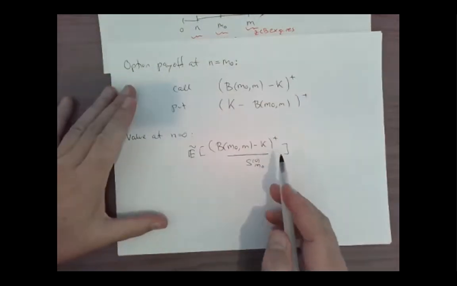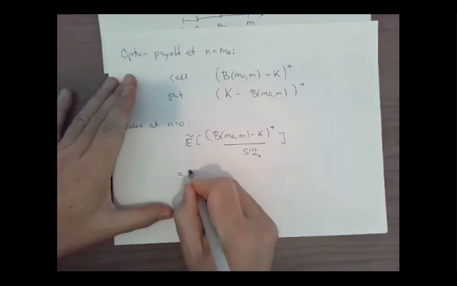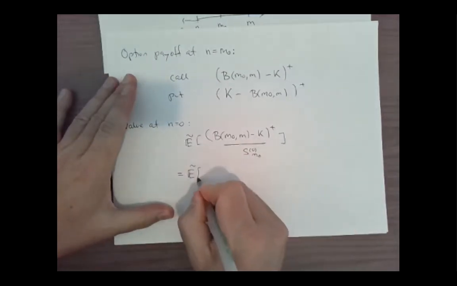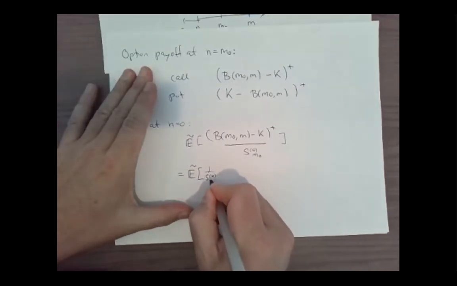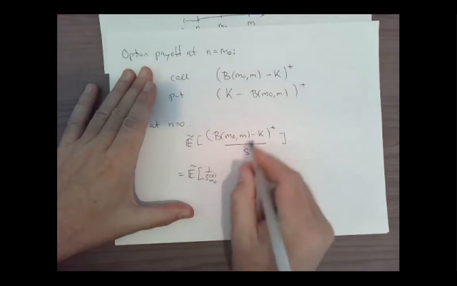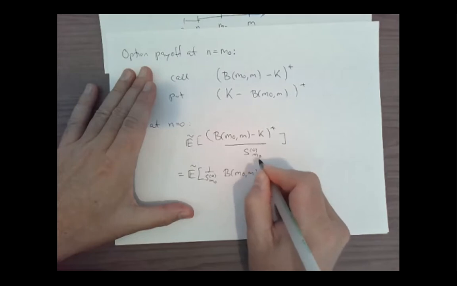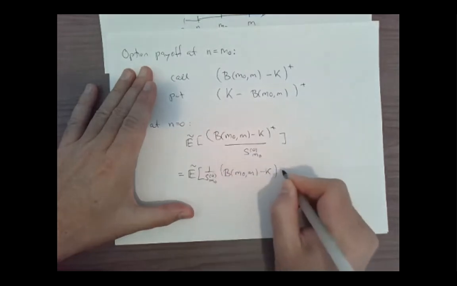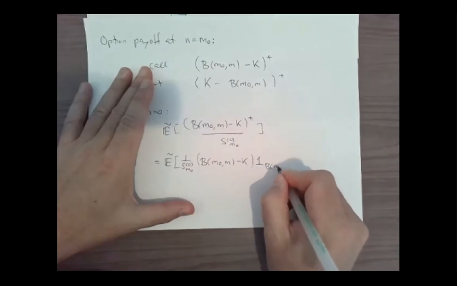So we can write this here as, the way to do this is to write this as, we'll break it up. So we write this as 1 over S0 M0, and then I'll remove the plus, and then I have to put an indicator that I'm in the money.